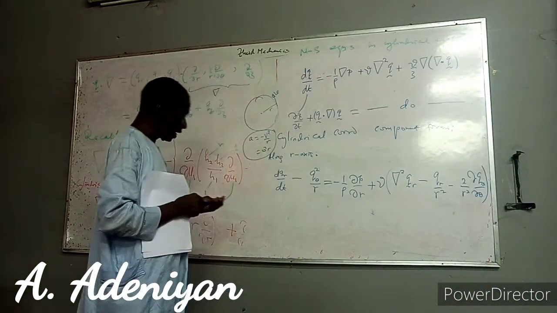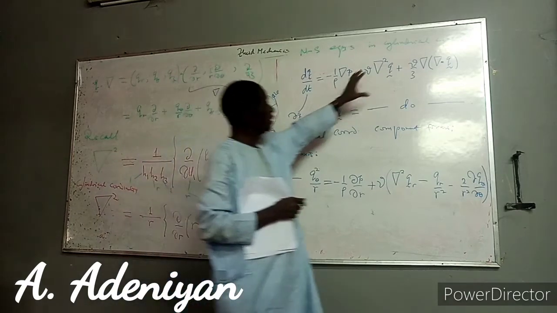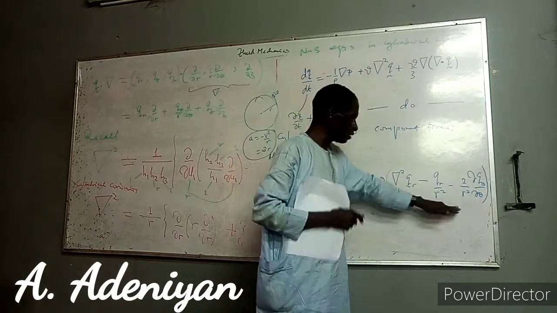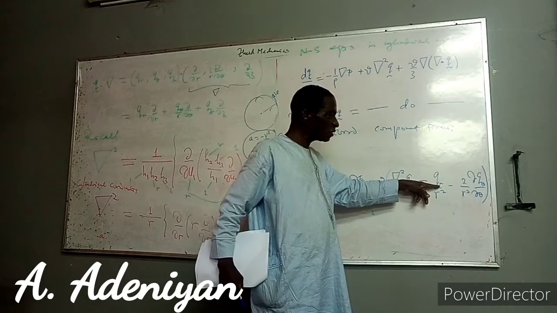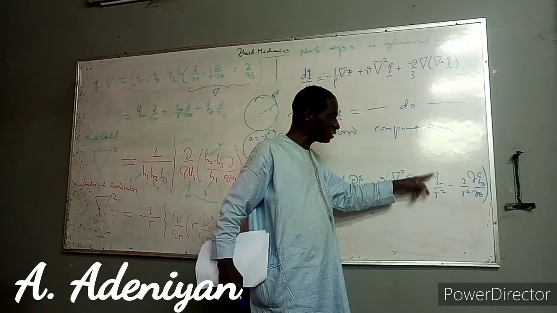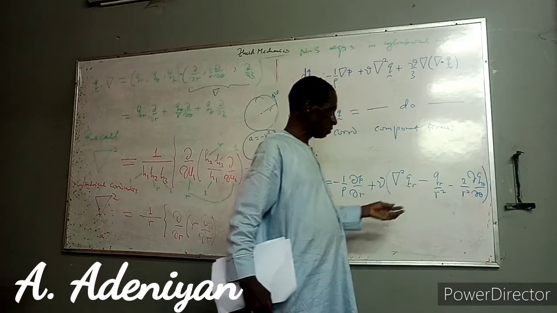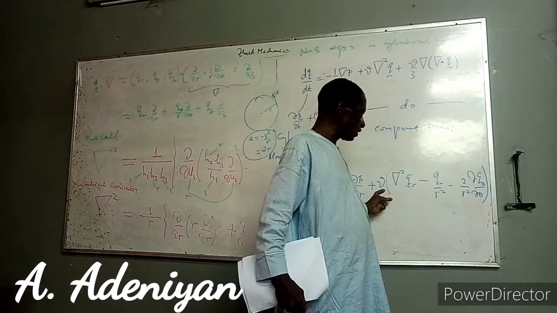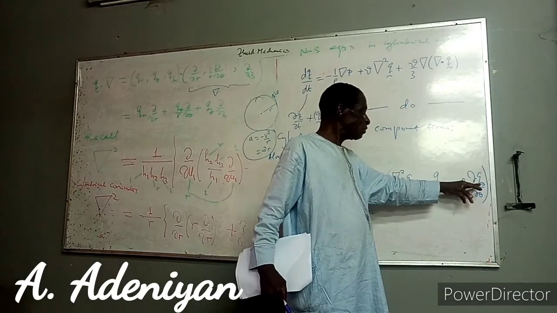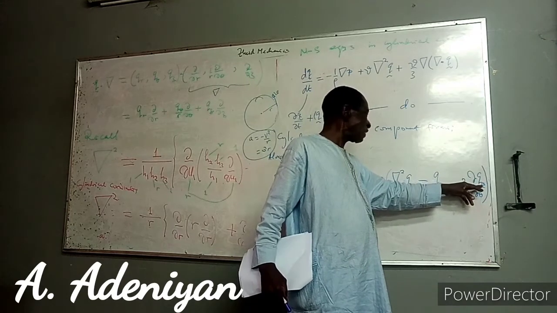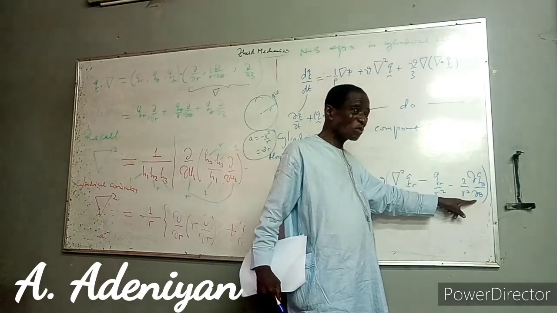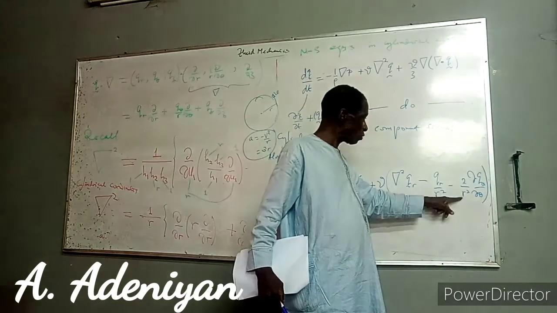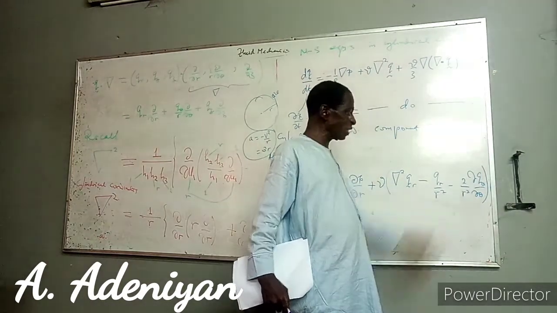That is the equivalent of this in the cylindrical coordinate system: del squared of q_r minus the r component divided by r squared. You use this to divide, and you get acceleration. You can see you are now finding the partial derivative of q_theta with respect to theta, not with respect to r. You can see r squared is common to them. In those days, very easy. At times we used to learn it by heart.